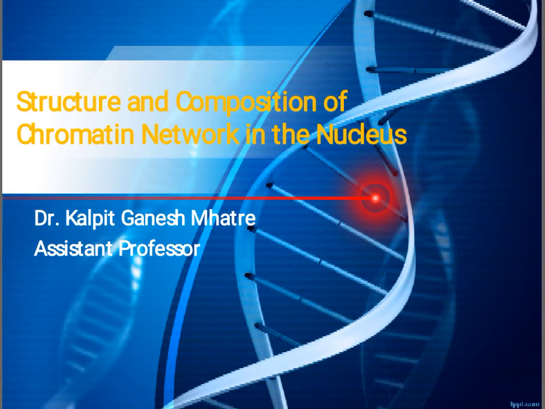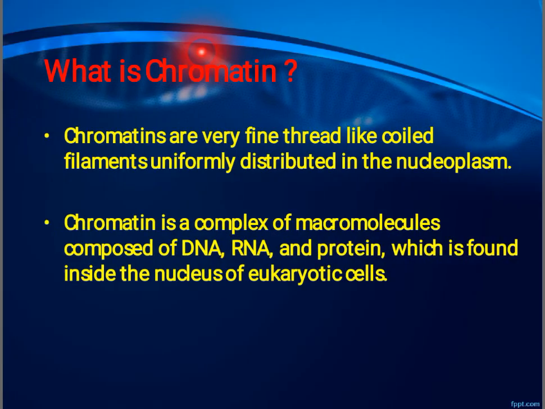So it is now clear that chromatin is present in the nucleus. Now we will see what is chromatin. So chromatin is a very fine thread-like coiled filament which is uniformly distributed in the nucleoplasm.